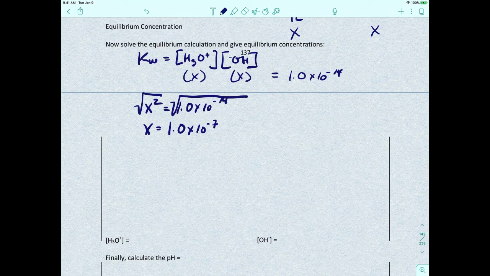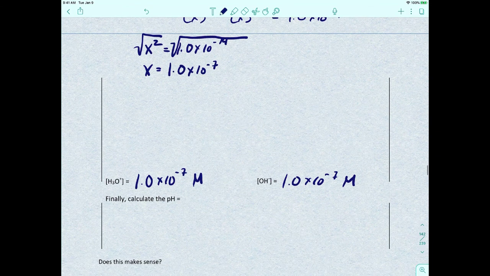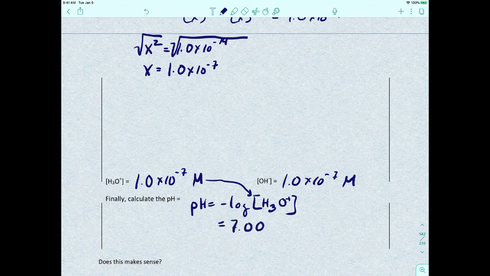All right, so that means that the concentration of H3O plus is going to be 1.0 times 10 to the minus 7th molar, and the concentration of hydroxide will be 1.0 times 10 to the minus 7th molar as well. And so if we calculate, the pH is going to be equal to the negative log of the concentration of hydronium ion. And we know that value, 1.0 times 10 to the minus 7th, the pH is going to be 7 even.